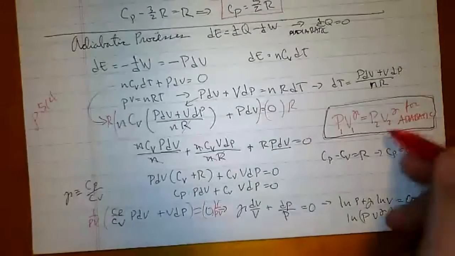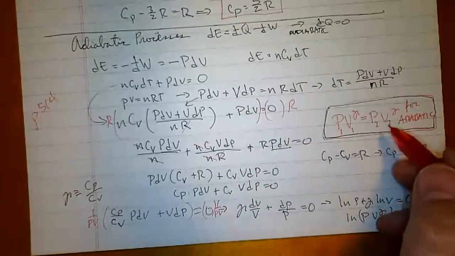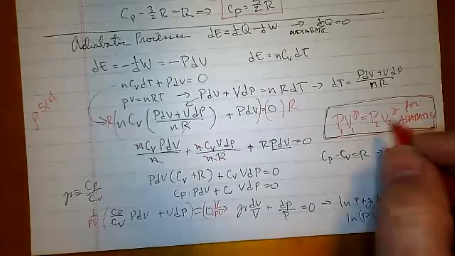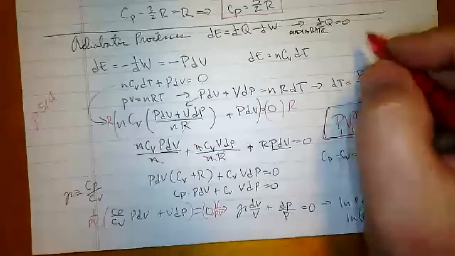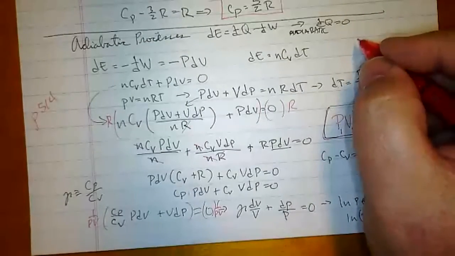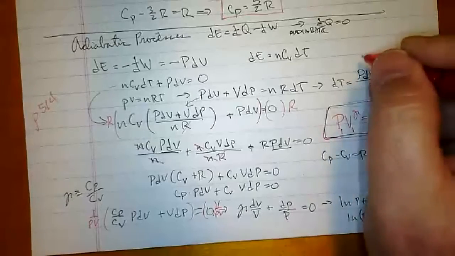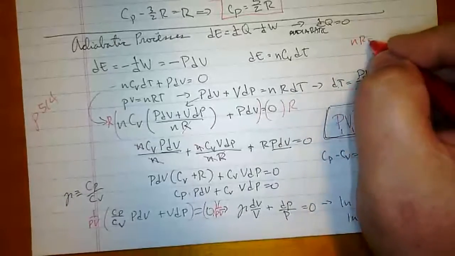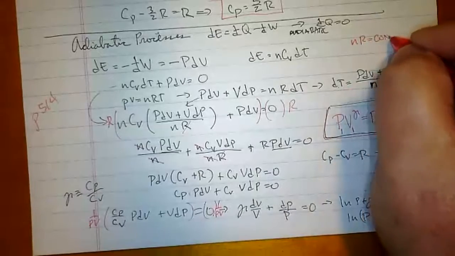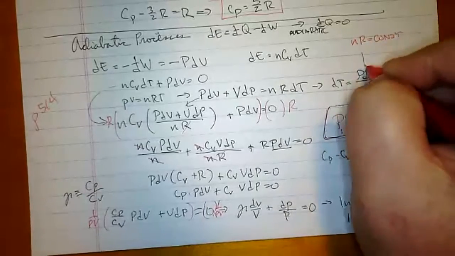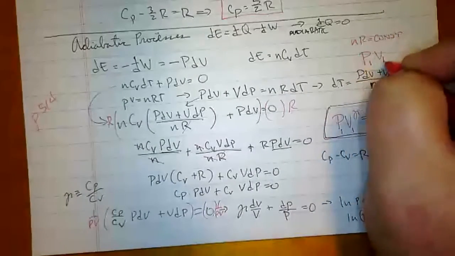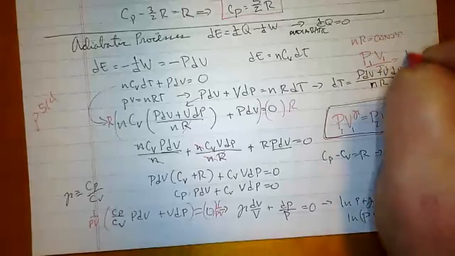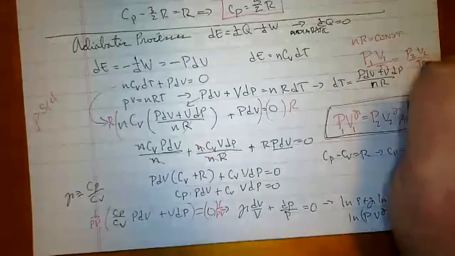And that gives you basically this new equation that we can use in addition to the ideal gas law, which, remember, if you have a collection of gas that's not allowed to escape at all, then the N and the R are clearly constant. So you get another nice expression, P1 V1 over T1 is equal to P2 V2 over T2.